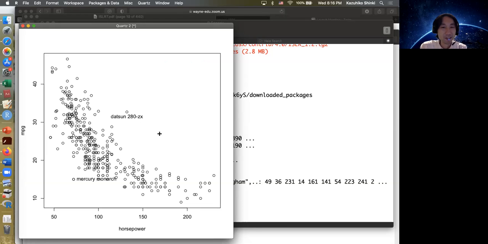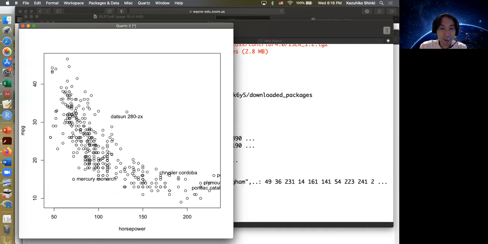And this is a very old data set. So Datsun existed maybe 50 or 60 years ago. This is a brand by Nissan. Actually, this is out of range, but this is Pontiac. I don't know, Plymouth. I don't know this brand.